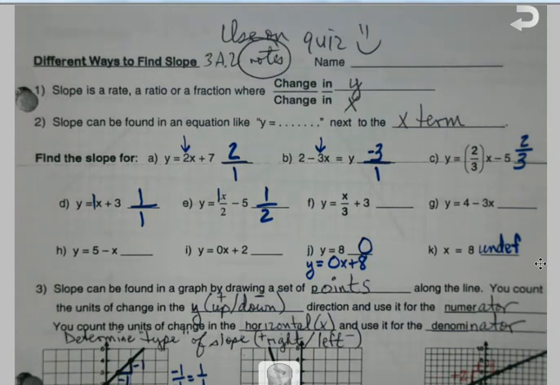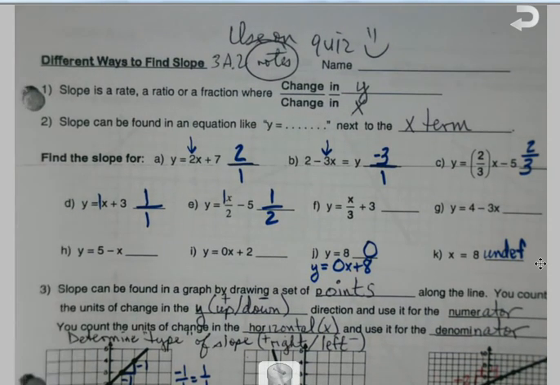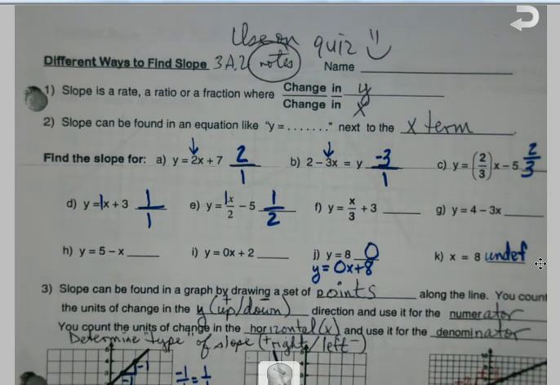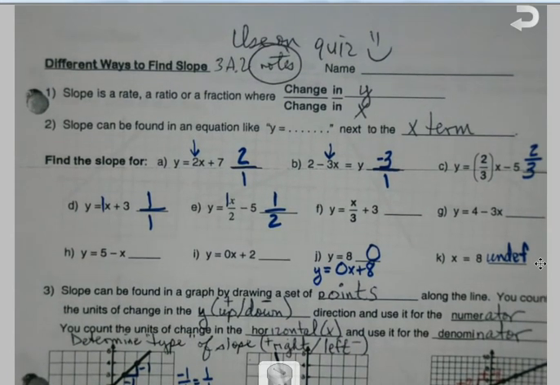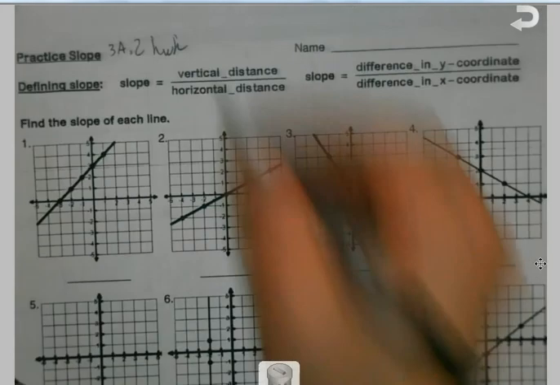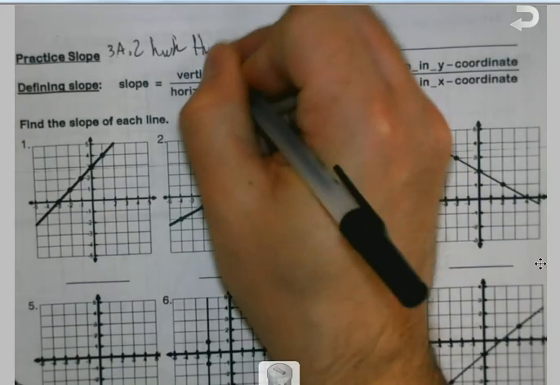Because now what you can do, you've basically got examples of everything in order to be able to work on the homework sheet. And Colby, I'll put this back up in just a second. I just want to make sure that I get this for those of you that are trying to jump to it. Notes will pop back up in a sec. This practice slope sheet, okay, make sure I get this right.